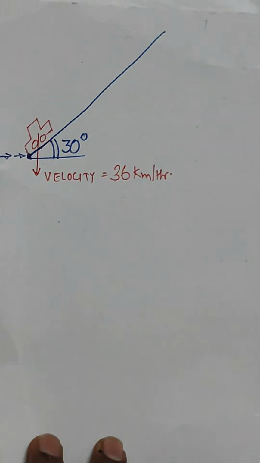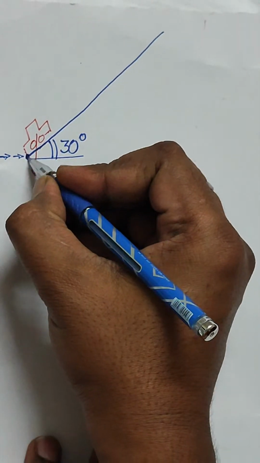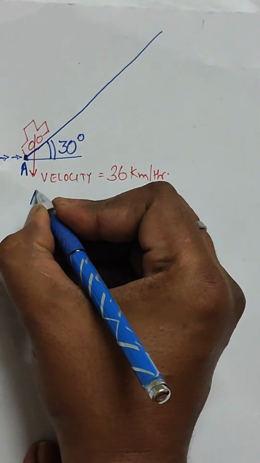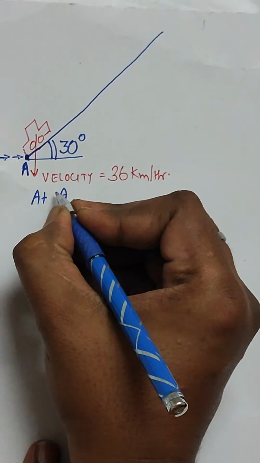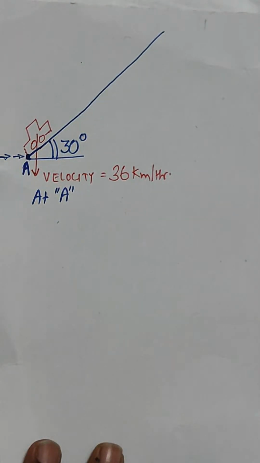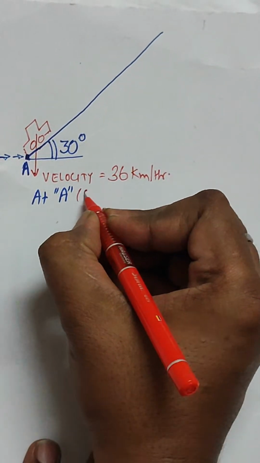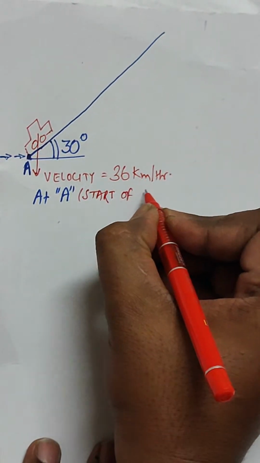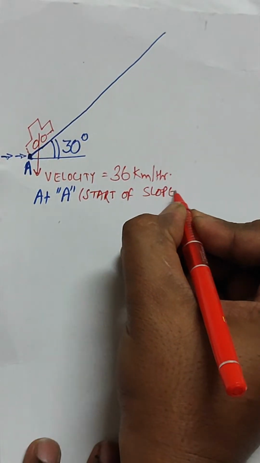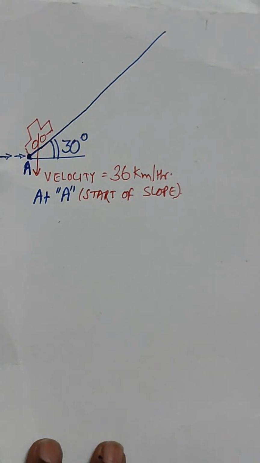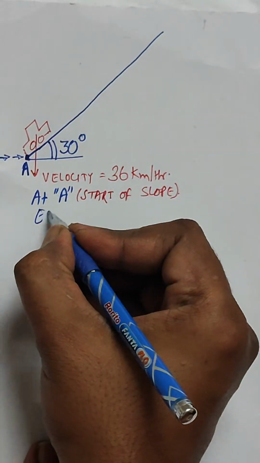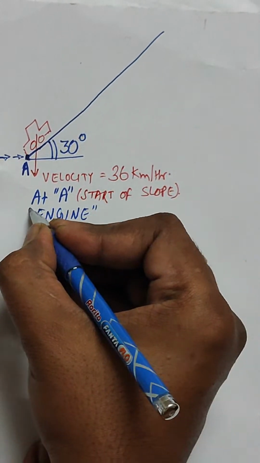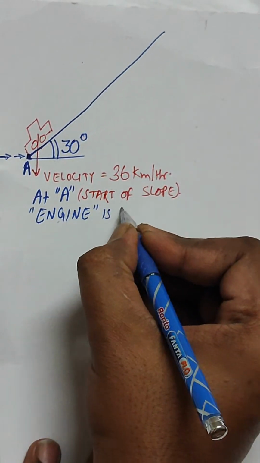Its engine is switched off at this point. So at this point, let's say at A, that means the starting point of slope, what happened? The engine of the car is switched off.